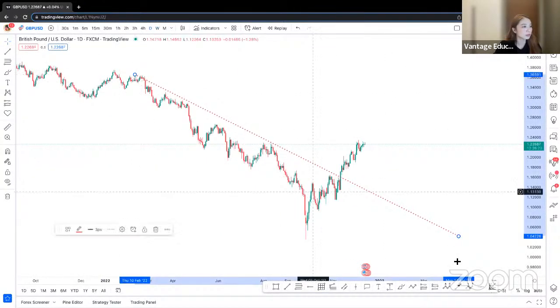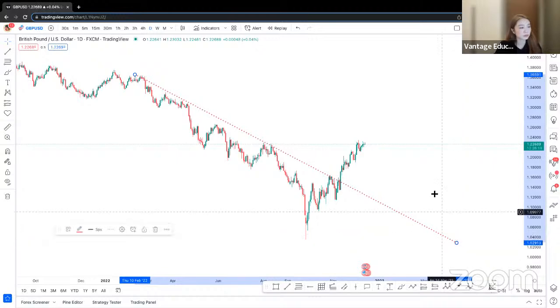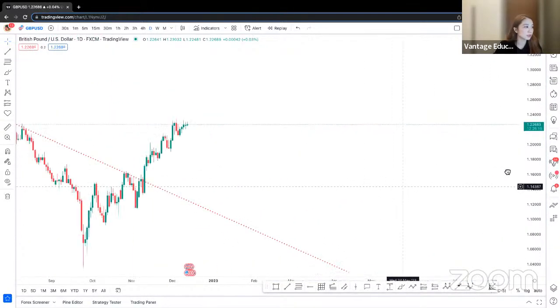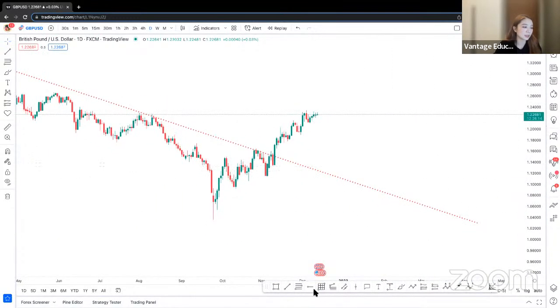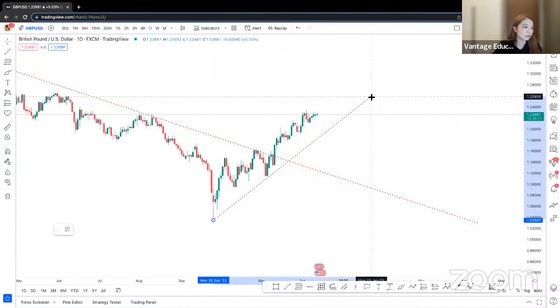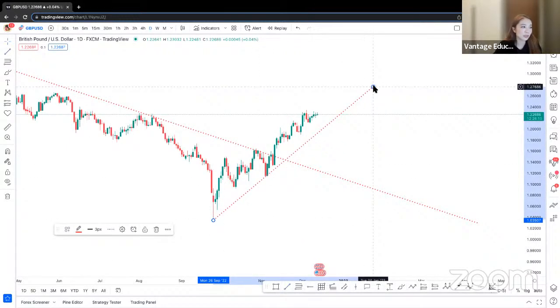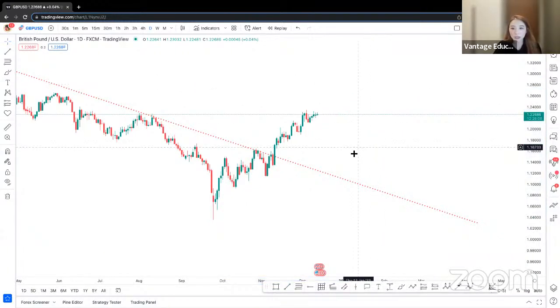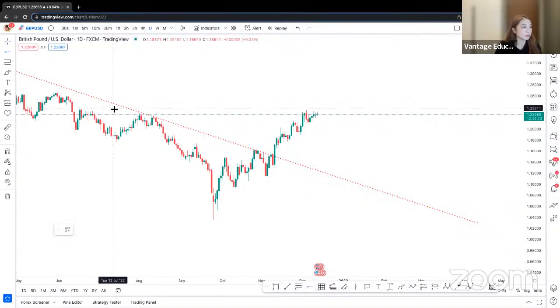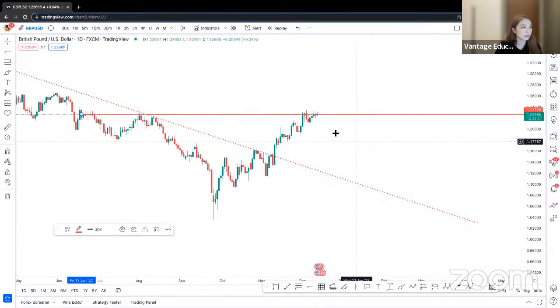Let's adjust this. Okay, so on the daily, we can see that recently there has been a climb. Someone is asking about the sell at this moment, so let me just take a look. We can see that there's a strong resistance over here, obviously.